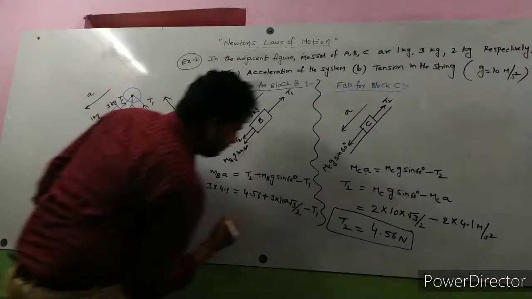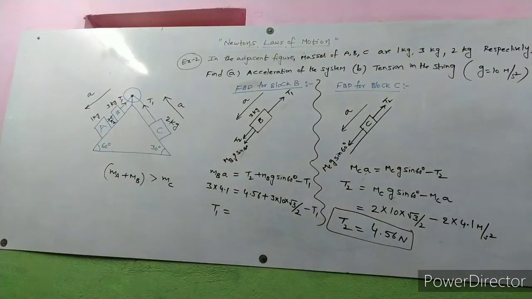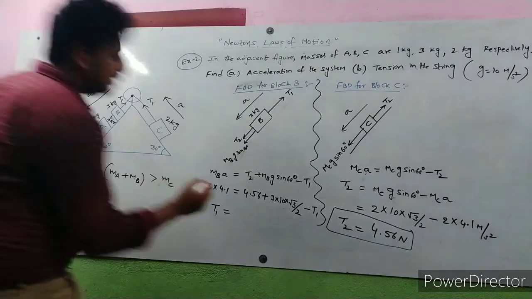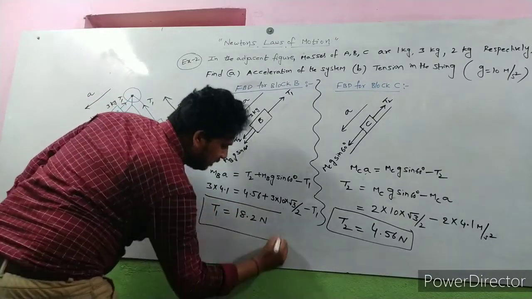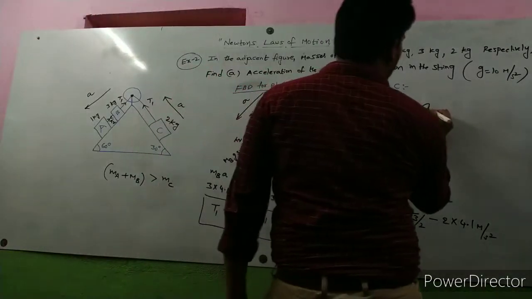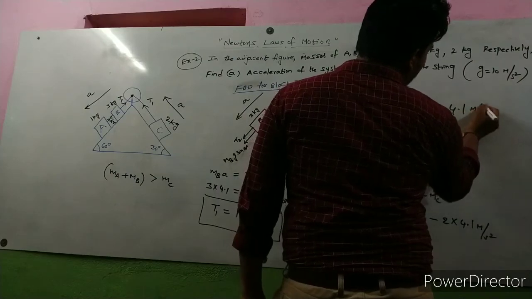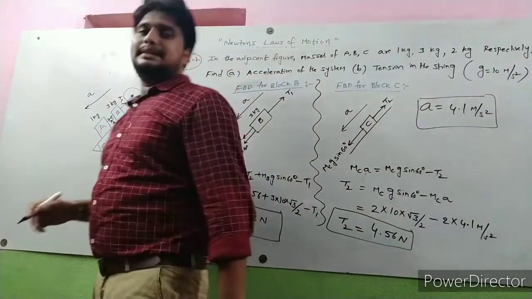Solving this equation, T1 is 18.2 newtons. So this is the T1 value and this is the T2 value. Acceleration is 4.1 meter per second square. This is the solution for the second question.